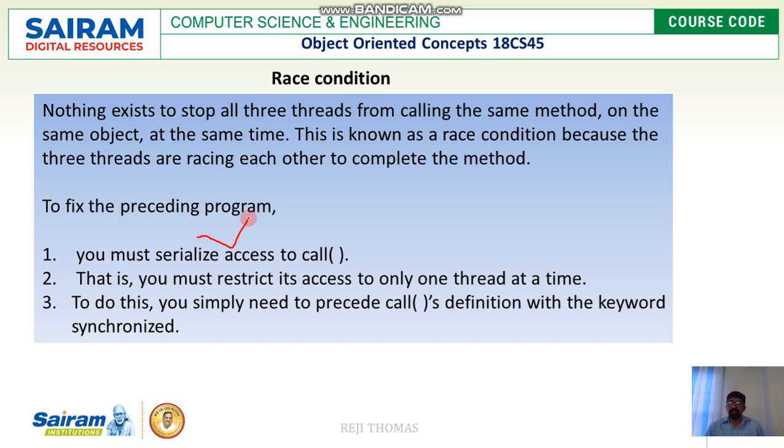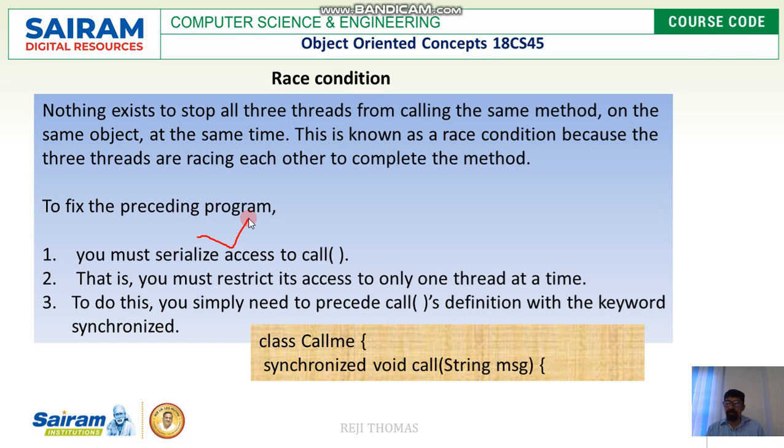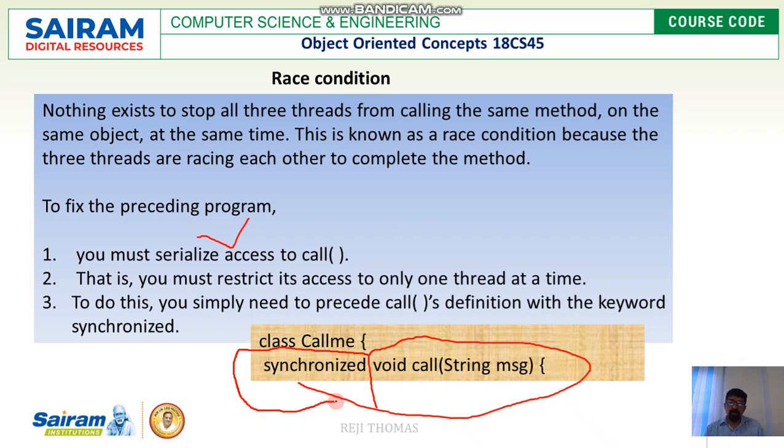To do this, we simply precede the call definition with the keyword synchronized. We are going to make a small change in the call method. Before it was void call, now I'm going to make the method call synchronized. That means only one thread can access this at a time.